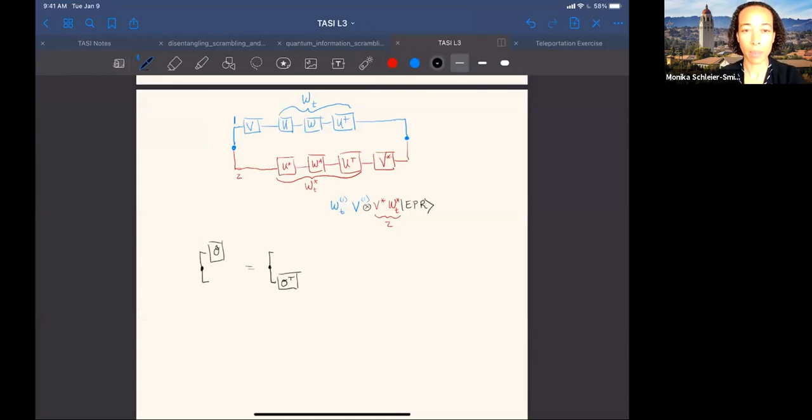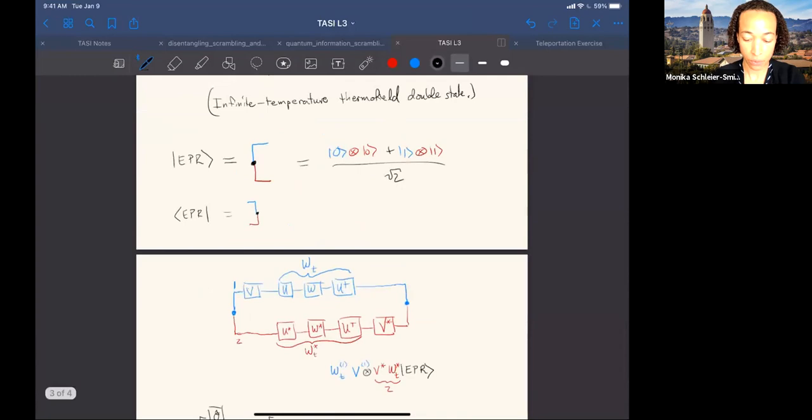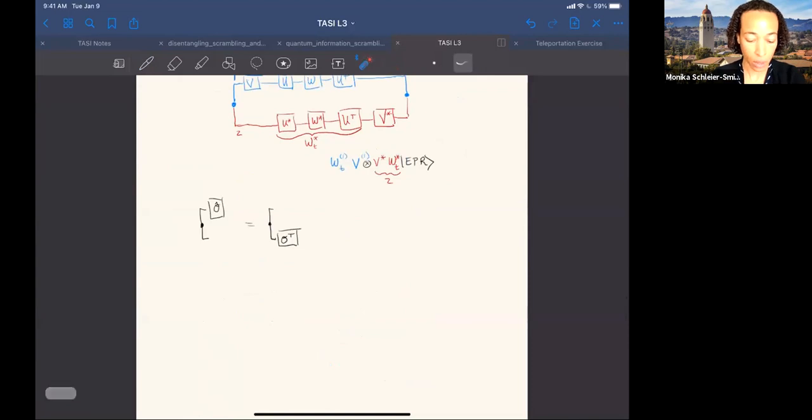Simple examples you can go through on your own time: if I take the state for a single qubit, you can convince yourself that if I apply the Pauli Z operator, it doesn't matter whether I apply it to one qubit or the other. Same thing for the Pauli X operator. If I apply the Pauli Y operator to one side, that one isn't the same as its transpose, so I need to transpose it and apply it to the other side to have the same operation. By the symmetry of the state, the entanglement between the qubits, applying a given operator to one side is equivalent to applying it to the other side up to this transposing.